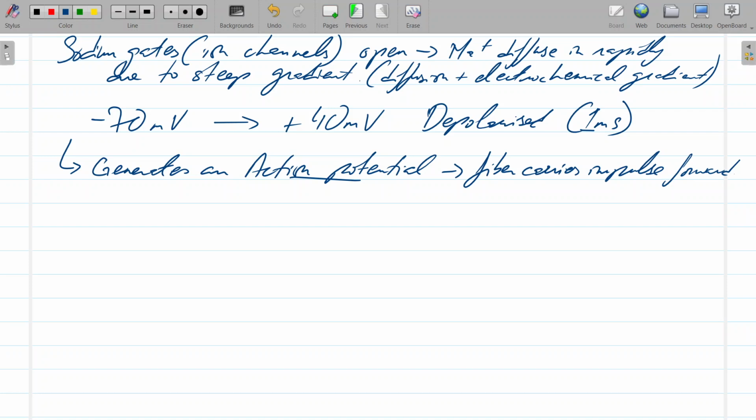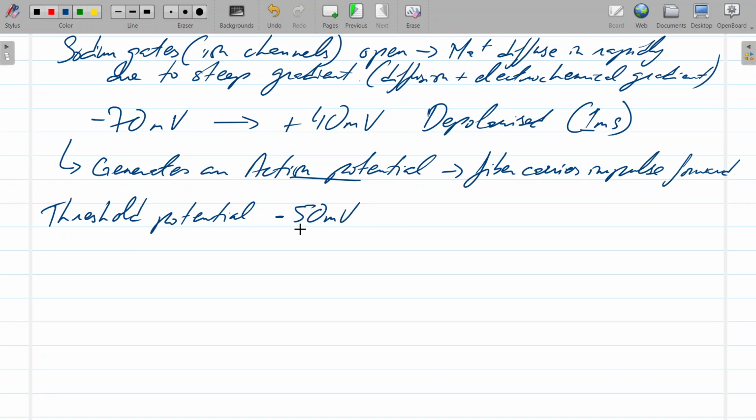Now it doesn't just happen, right? So there is a threshold. There is something called a threshold potential. And that is somewhere around minus 50 millivolts, right?